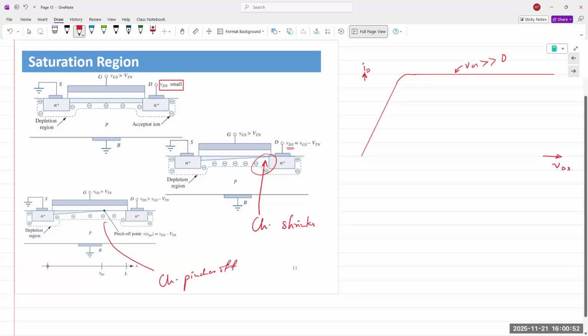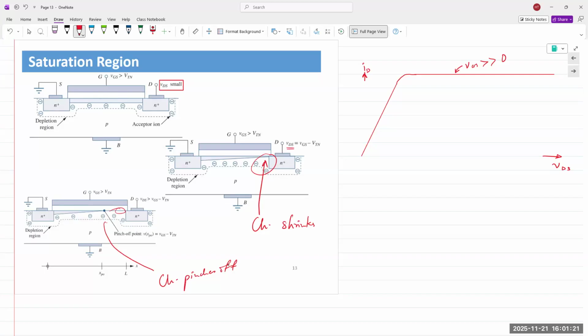Once they drift through the gap, they're injected into this region right here, in a depletion region. Because of the very high positive drain source voltage, they get attracted by that electric field and are swept away out of the terminal. And so current then reaches a steady level. It behaves like a constant current source, almost flat lines.